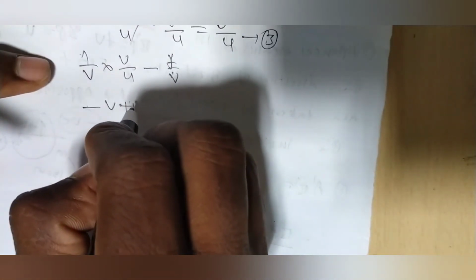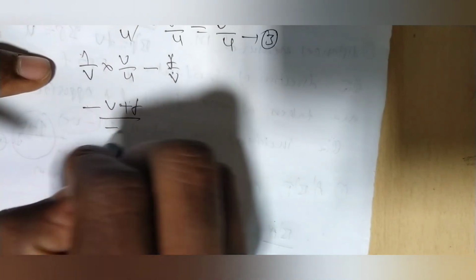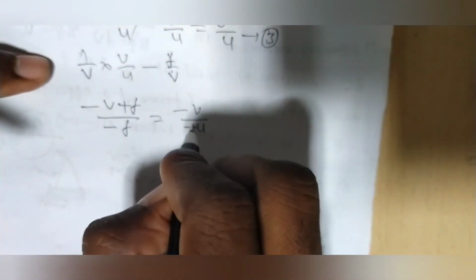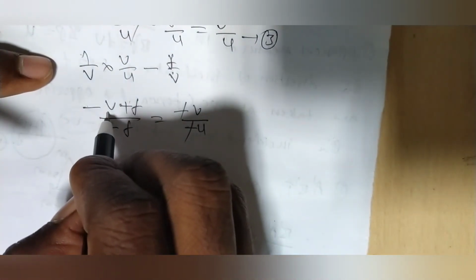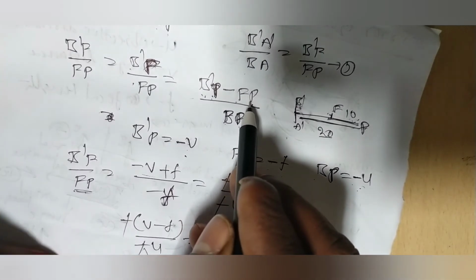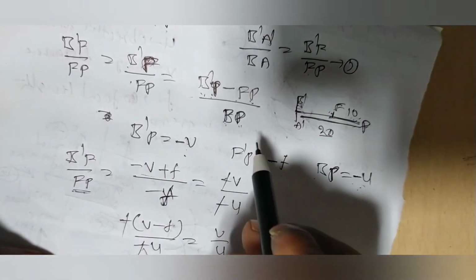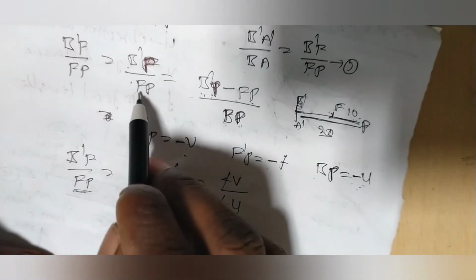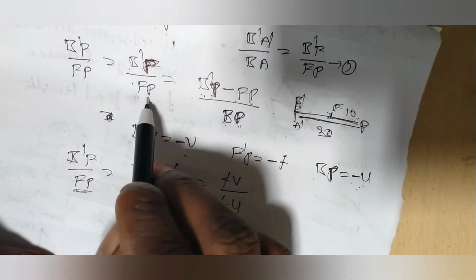From this one, b dash p is equal to minus v, fb is equal to minus f, bp is equal to minus u, fp is equal to minus f. These values are substituted, we get the relations.